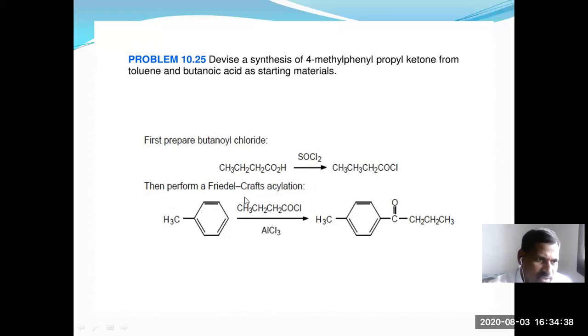Next, the Friedel-Crafts acylation reaction: this butanoyl chloride reacts with toluene in the presence of AlCl3. This is the electrophilic substitution reaction, and you get 4-methyl phenyl propyl ketone.